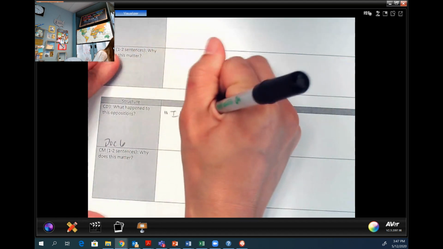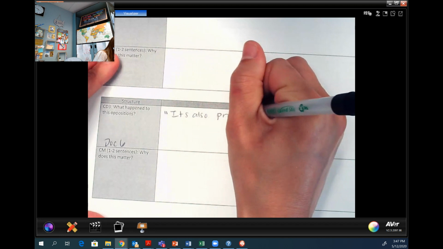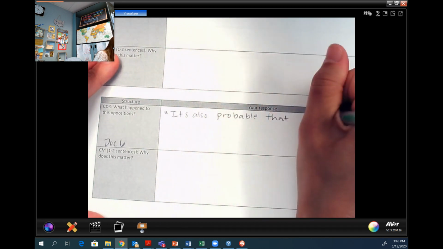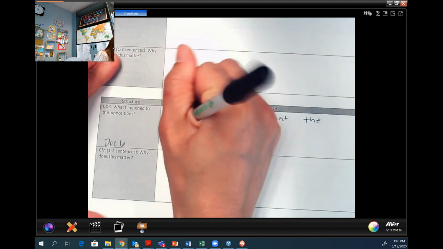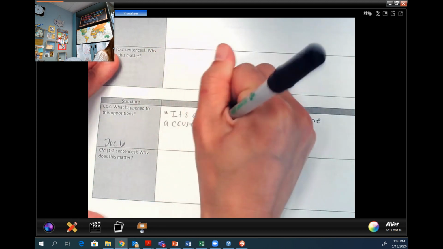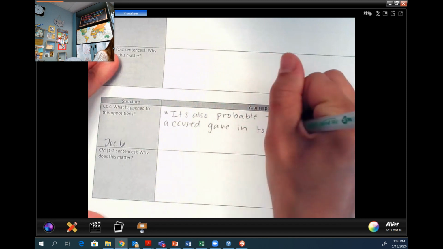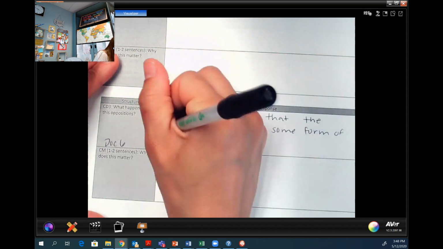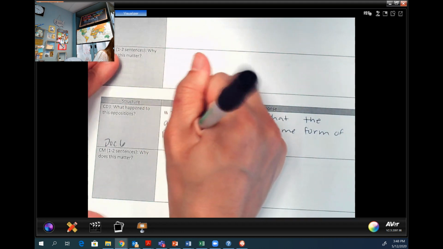It's also probable that the accused gave in to some form of pressure.